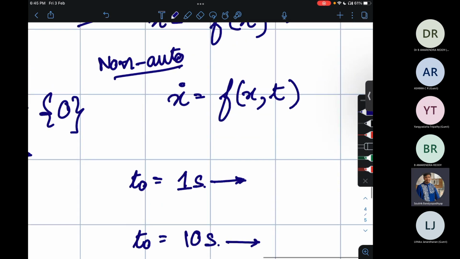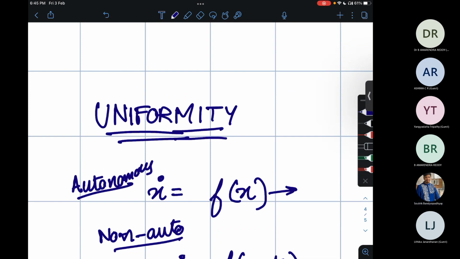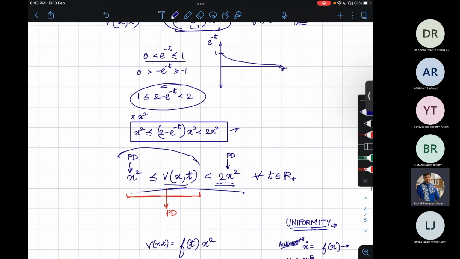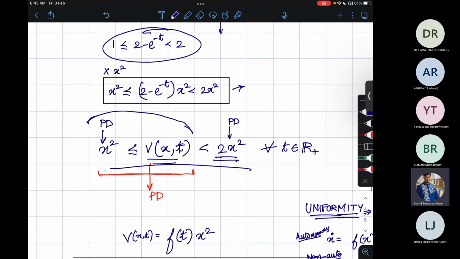To prevent that, we need to show that our stability results are uniform in nature, right? In the Lyapunov theorem for uniformity with time dependent functions, there is this concept of decrescence of the Lyapunov function. Decrescence is nothing but the Lyapunov function must be less than some positive definite function on x only.